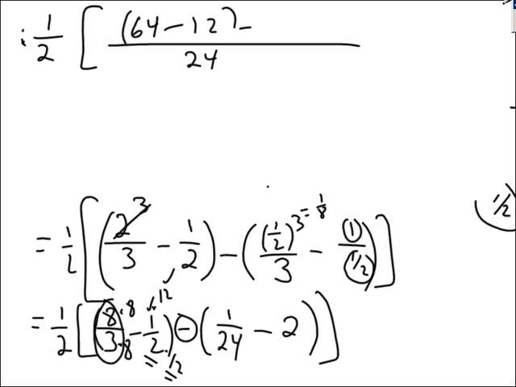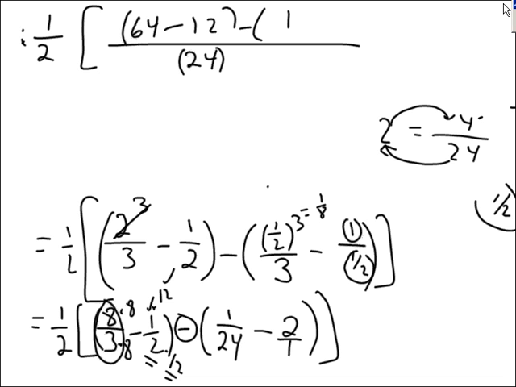Minus. The next fraction is 1 over 24. There's my 24 in the bottom. Here, this is like 2 over 1. Well, you want to write 2 with the 24 in the bottom. This is how you do it. 24 times 2, 48. Minus 48 over 24. Okay, now we have a common denominator.